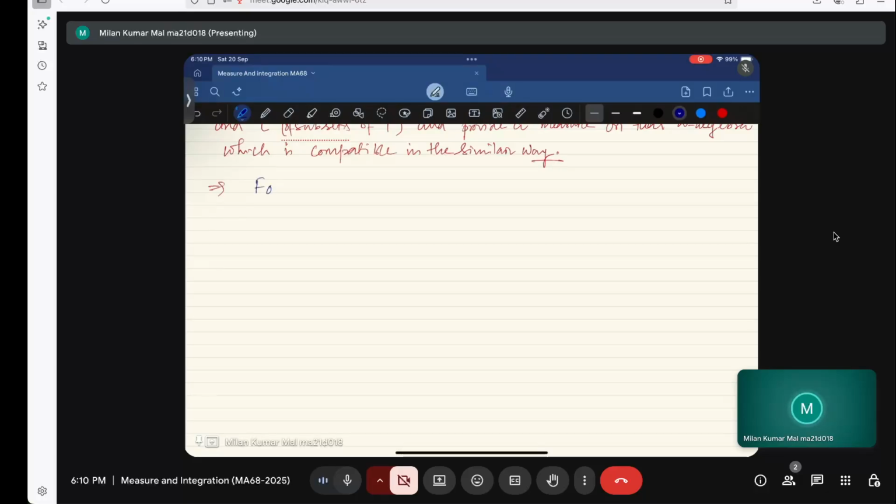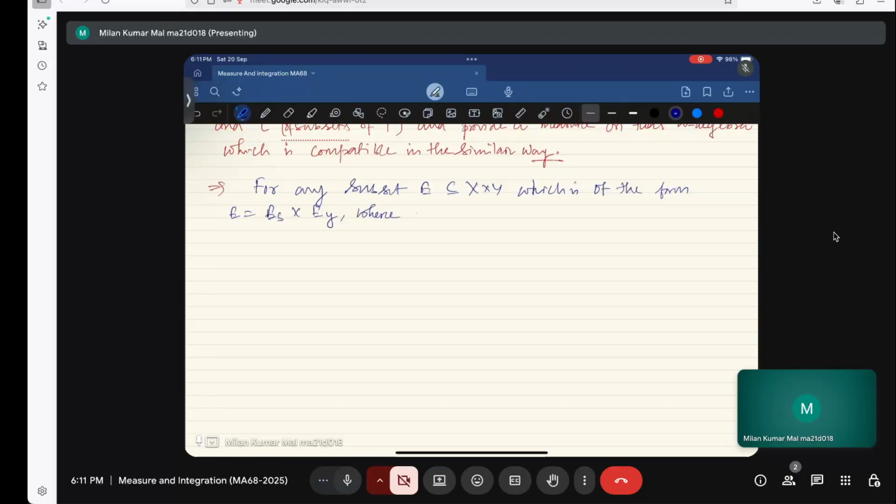Let's consider any subset E of X cross Y which is of the form E_S times E_tau, where E_S belongs to the sigma algebra S and E_tau belongs to tau.